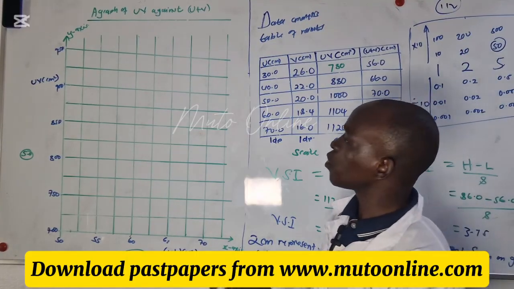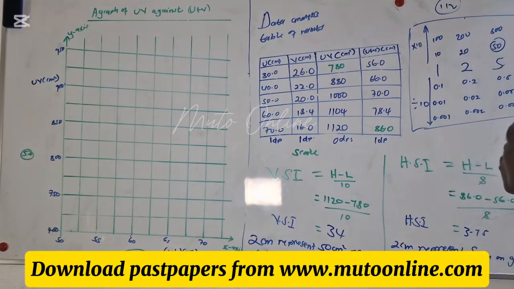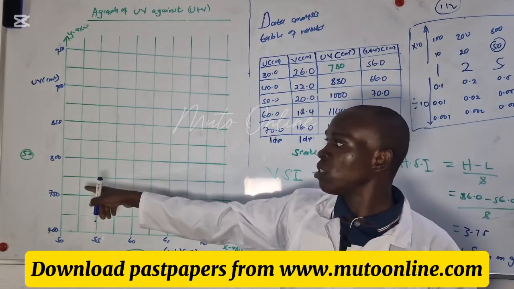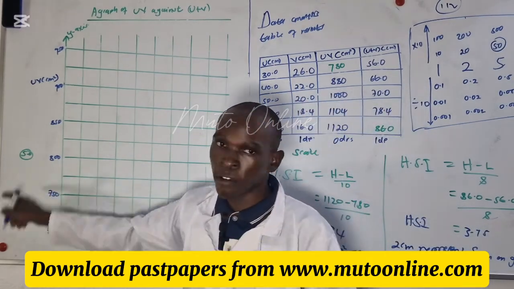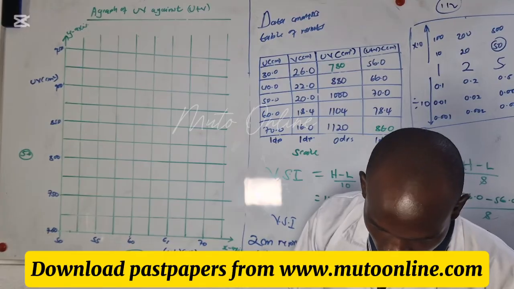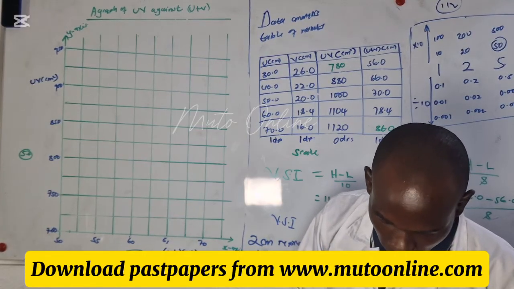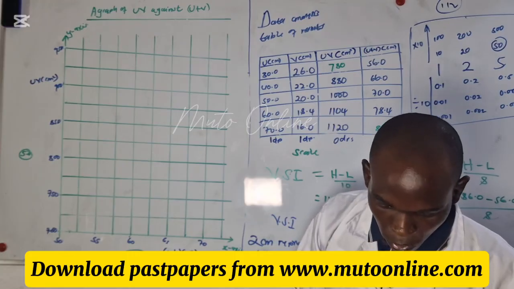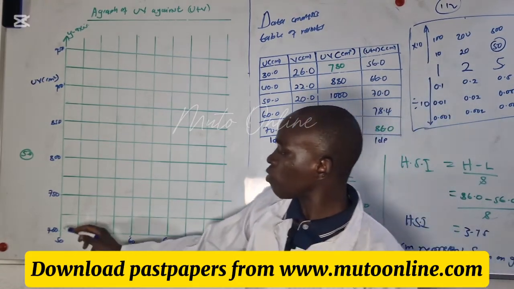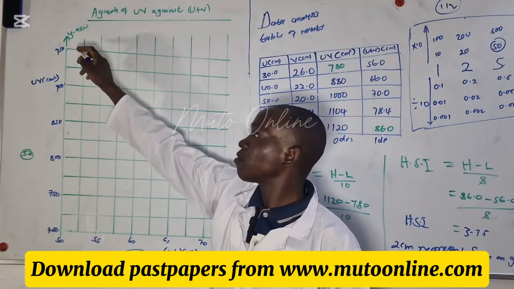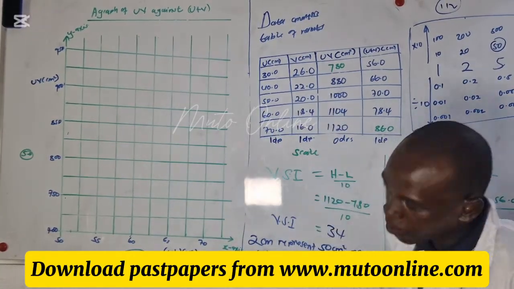Then from there, you locate its corresponding y value, which is 780. So 780, you divide by 5. When you divide 780 by 5, you get 156. So you still count: this is 10, 20, 30, 40, 50, up to 156.